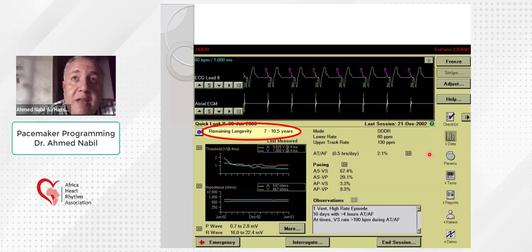Different models have different voltages, but we can see this remaining longevity, which is very comfortable for us, 7 to 10 years in this example.